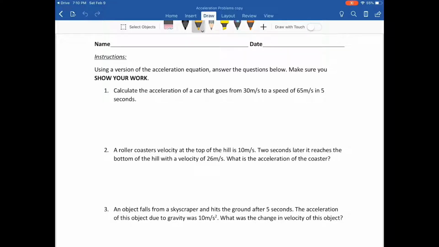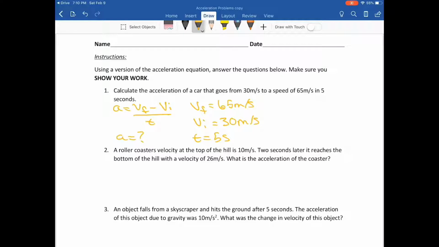So our acceleration equation is A equals V final minus V initial over time, and we're looking for A. Our V final is 65 meters per second, because that's the speed it needed to get to in the end. Our V initial is the 30 meters per second. This is what he started out at. And our time is 5 seconds.